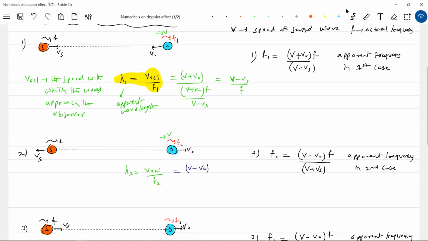Because the waves are moving in the direction of motion of the observer. What is the relative speed? V minus V naught. Is it okay? What is the relative motion between the wave and the observer? Here V minus V naught by F2. Apparent wavelength.